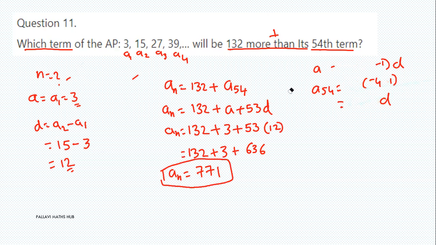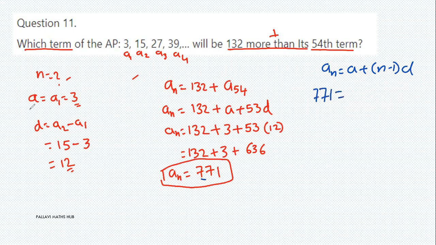So An is equal to A plus n minus 1 into D. The value of An is 771, which is equal to the value of A, 3, plus n minus 1 into D, whose value is 12. 771 minus 3 is equal to n minus 1 into 12.